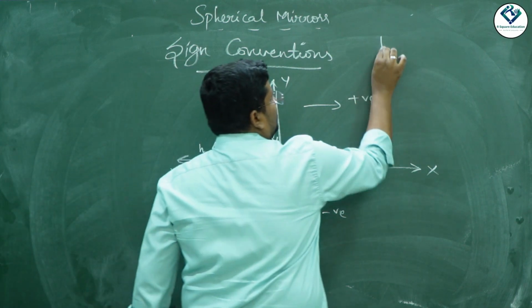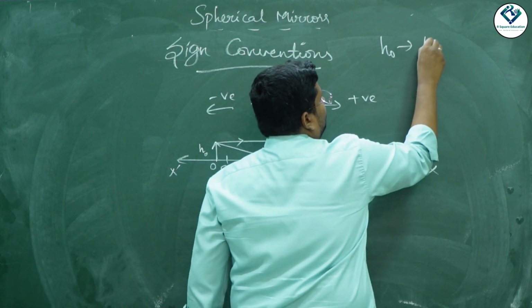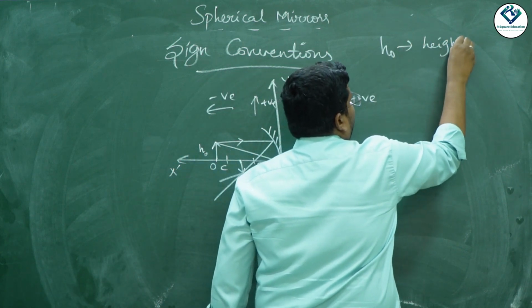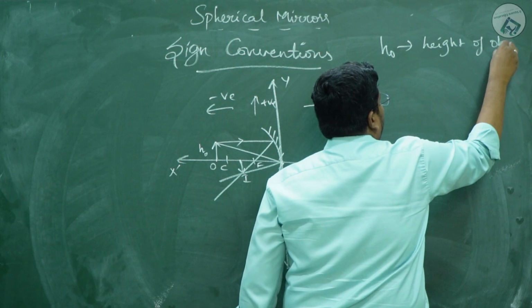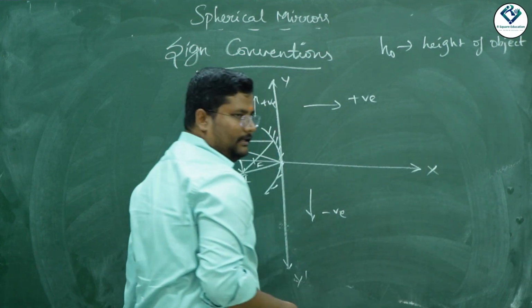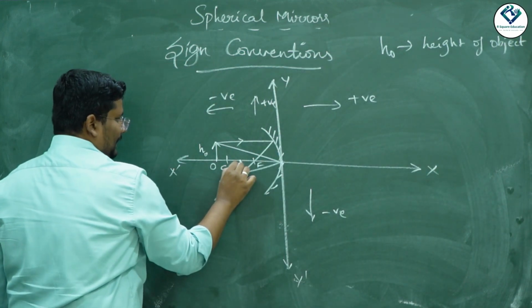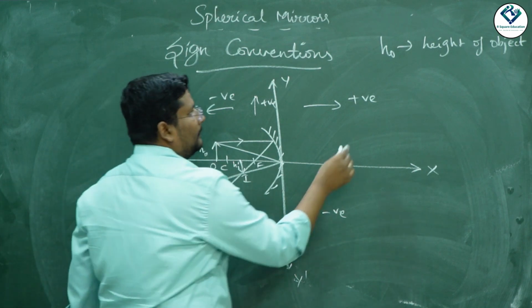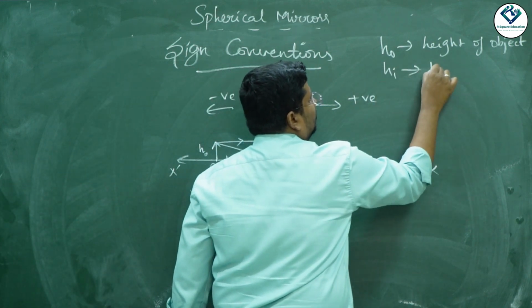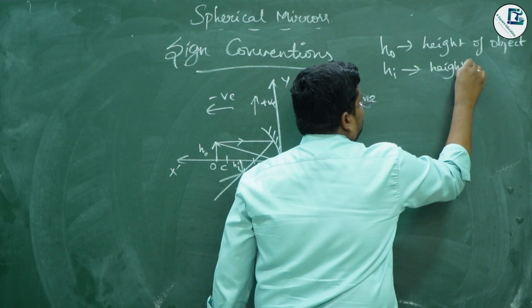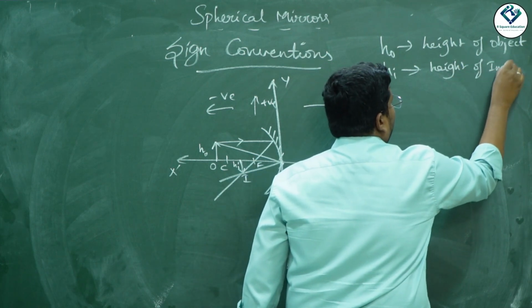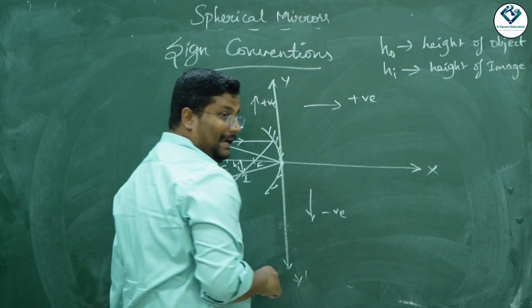Where HO is considered to be the height of the object, right? And then HI, the height of the image.